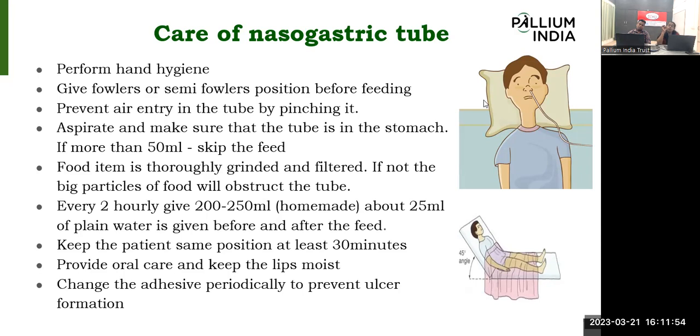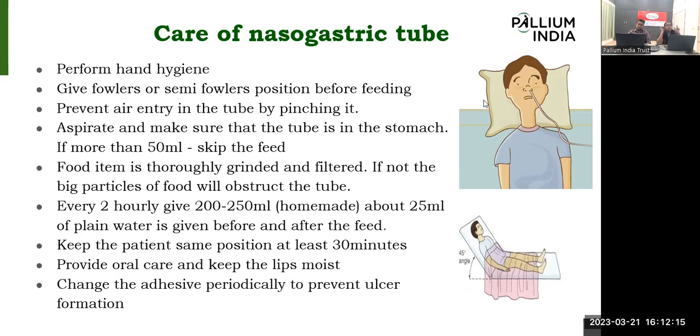If you insert a tube into that area, the gastroesophageal sphincter is always opened. So that is why patients who have nasogastric tube feed have more chance of getting aspiration pneumonia.